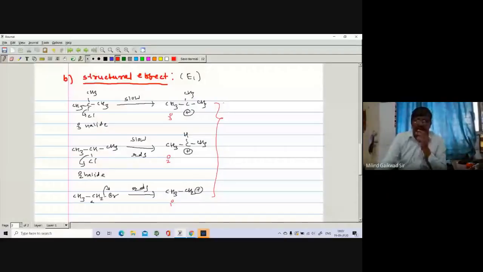So if you see the reactivity in E1, the tertiary alkyl halide is more reactive as compared to the secondary alkyl halide, as compared to the primary alkyl halide.